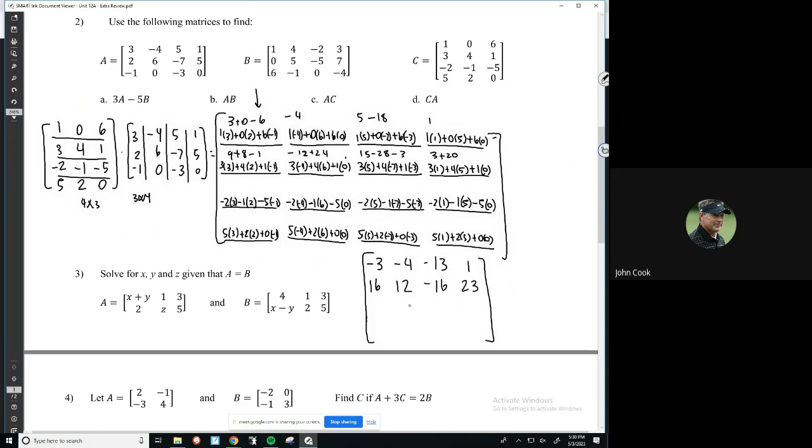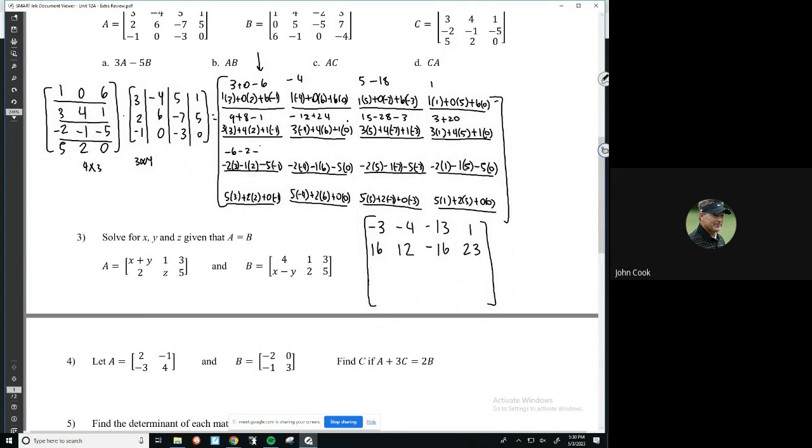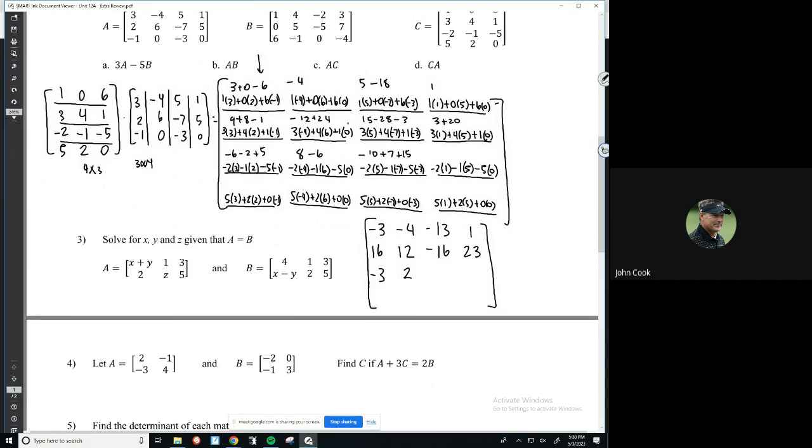All right, 2 more rows. Negative 6, negative 2, and then positive 5. So that'd be 3 minus 6, negative 3. 8 minus 6 plus 0 is 2. Negative 10 plus 7 plus 15. So that'd be 5 plus 7, 12.